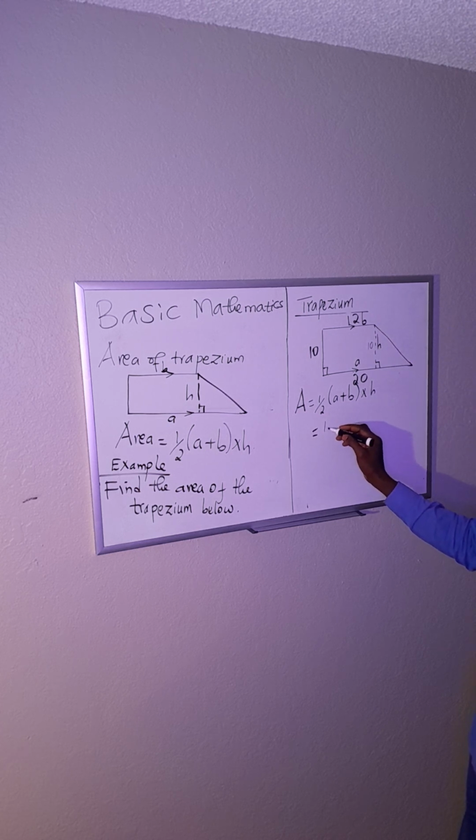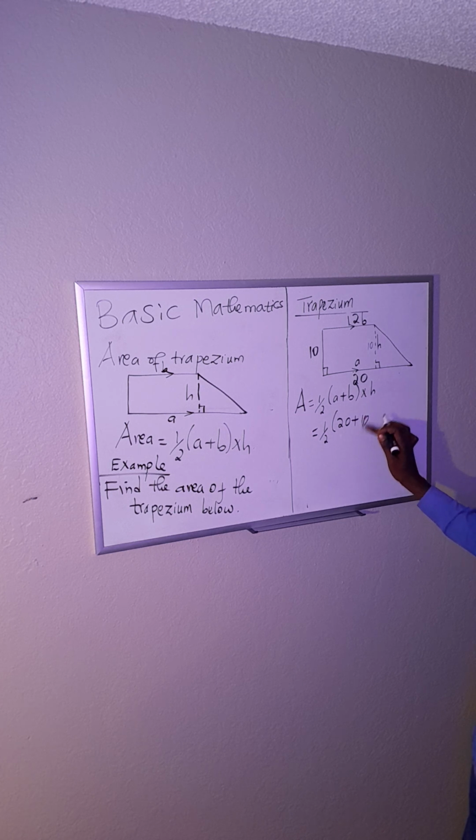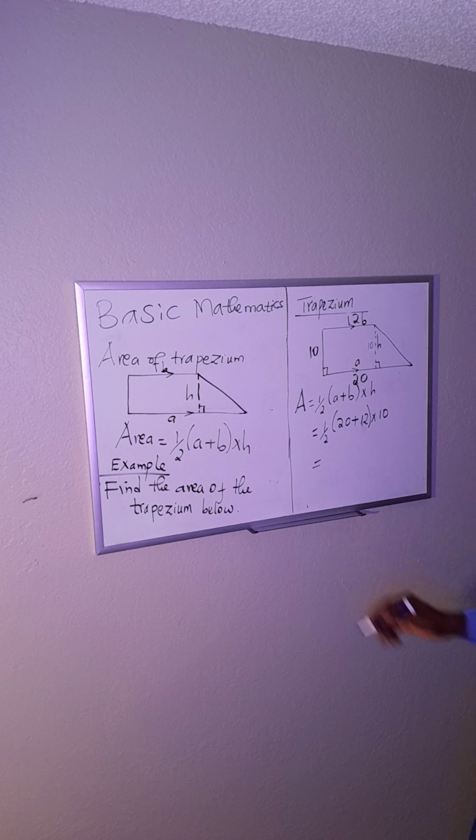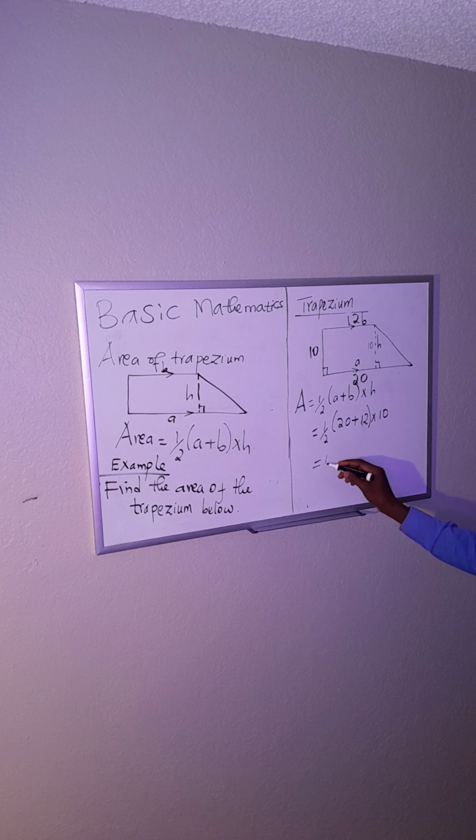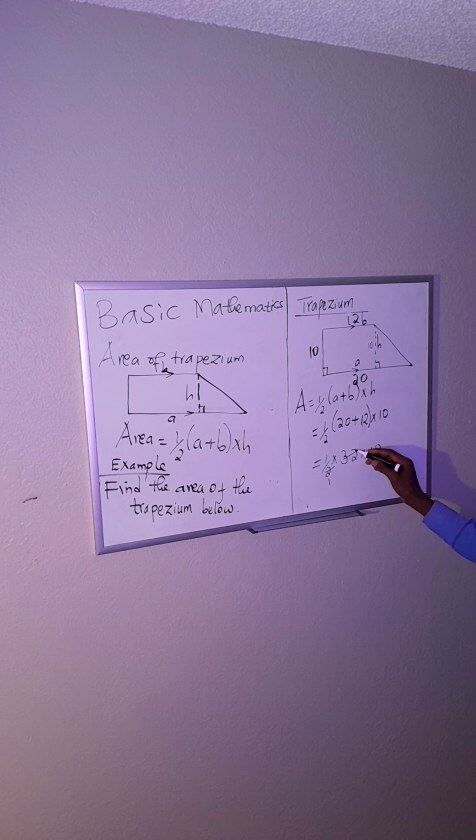We substitute in the values: a half into 20 plus 12 close bracket, multiply everything by 10. So what do we have? We add what is in the bracket. 20 plus 12 is 32. So a half times 32 times 10. A half, 2 into 2 is 1. 2 into 32 is 16. 16 times 10.